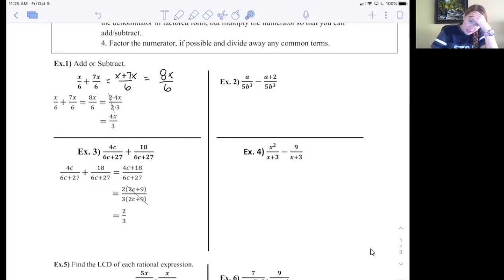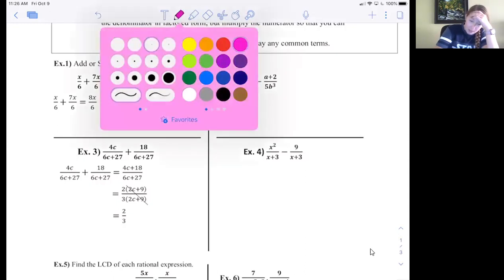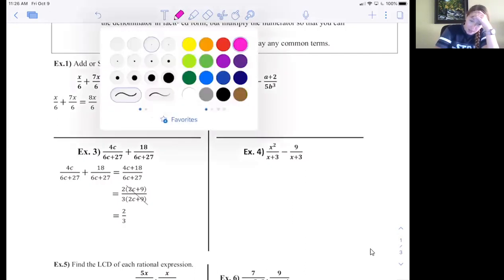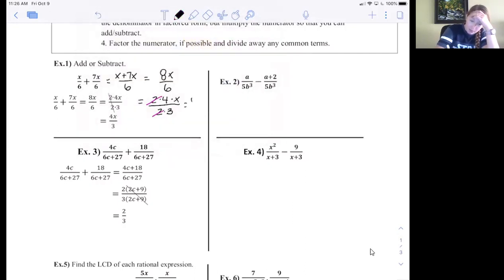Now I can reduce this because 2 goes into 8 and 2 goes into 6. A better way to rewrite this would be 2 times 4 times x divided by 2 times 3. Then I can cancel out those 2's, so I'm just left with 4x divided by 3. Just like that.